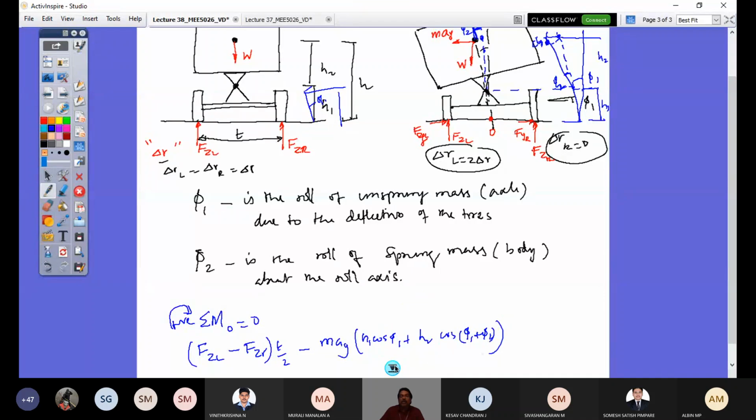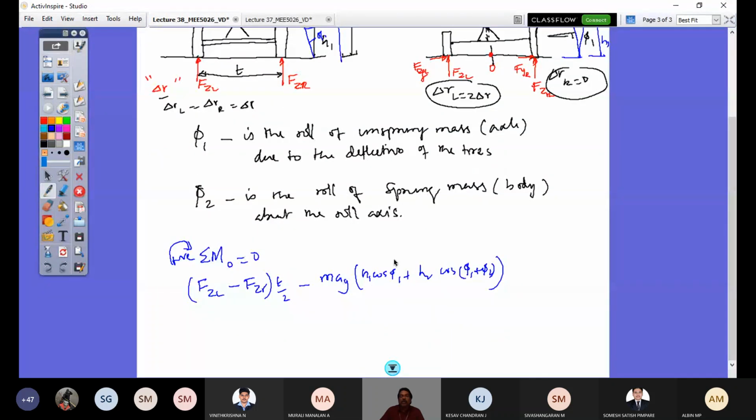Then the third moment is due to the weight of the vehicle. It's minus W into this width. That would be h2 sin phi 2 cos phi 2 plus h1 plus h2 sin phi 1. This is the moment in this case. How does it come? It is very clear here.